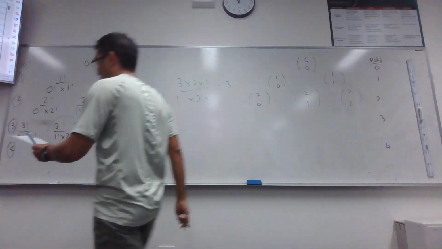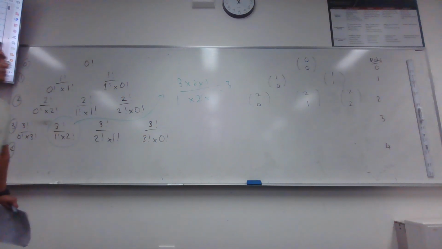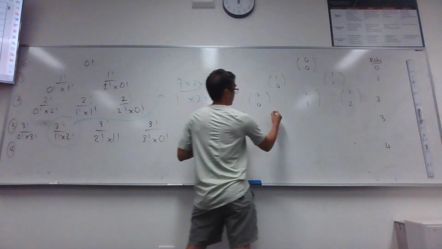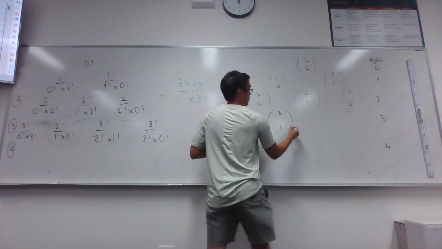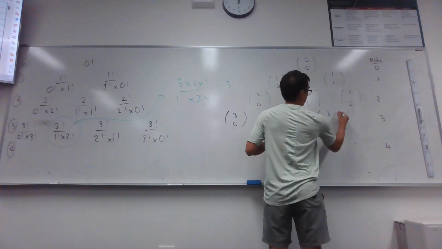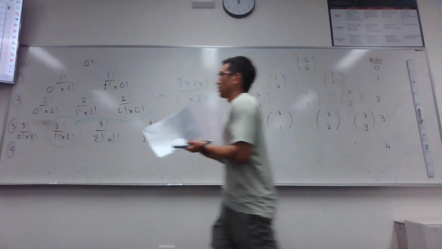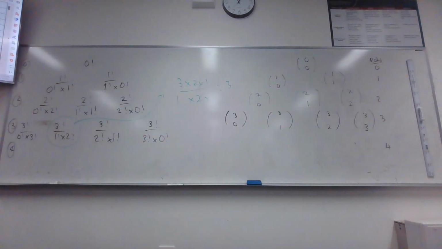What should be on the next row? 3, 0; 3, 1; 3, 2; 3, 3. Good. All right. Excellent. We are moving really quickly.